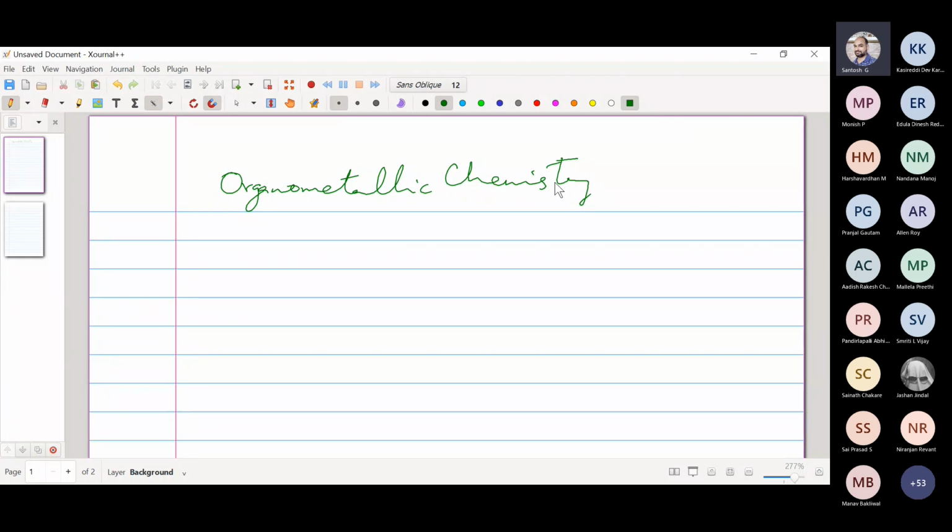So, the most important thing that is there in organometallic chemistry is the metal carbon bond. Okay, and based on this only, you have several different varieties of organometallic compounds that we will be studying, especially two types that I briefly introduced in the last class.